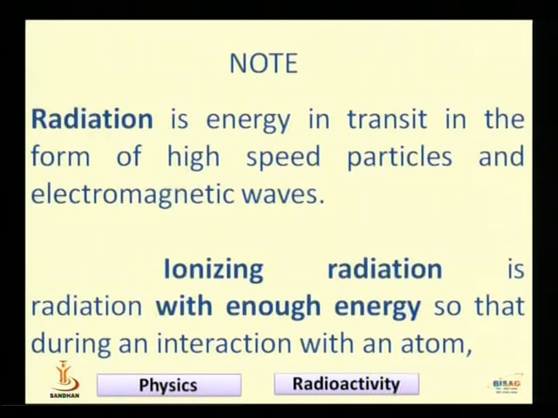Please keep in mind that radiation is nothing but energy in transit in the form of high-speed particles and electromagnetic waves. Now there are two kinds of radiation: one is ionizing radiation and the second is non-ionizing radiation. What is the difference between them?